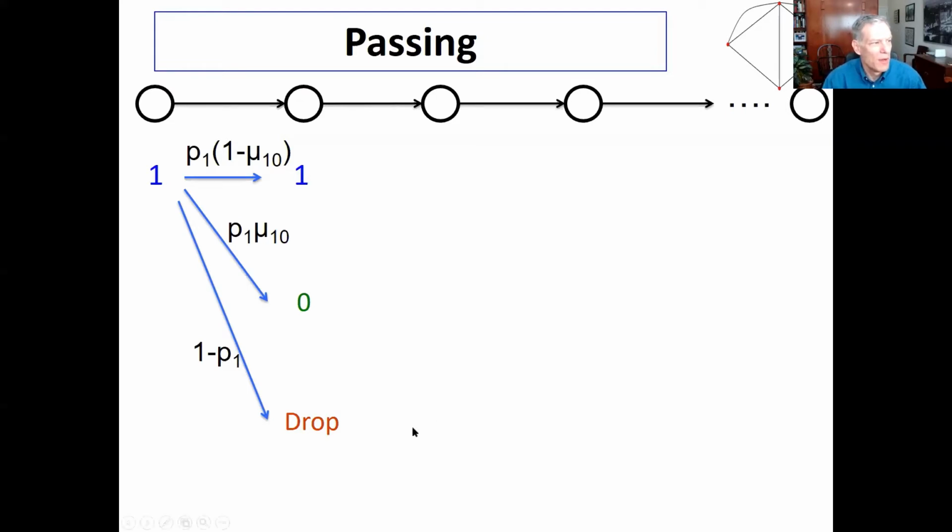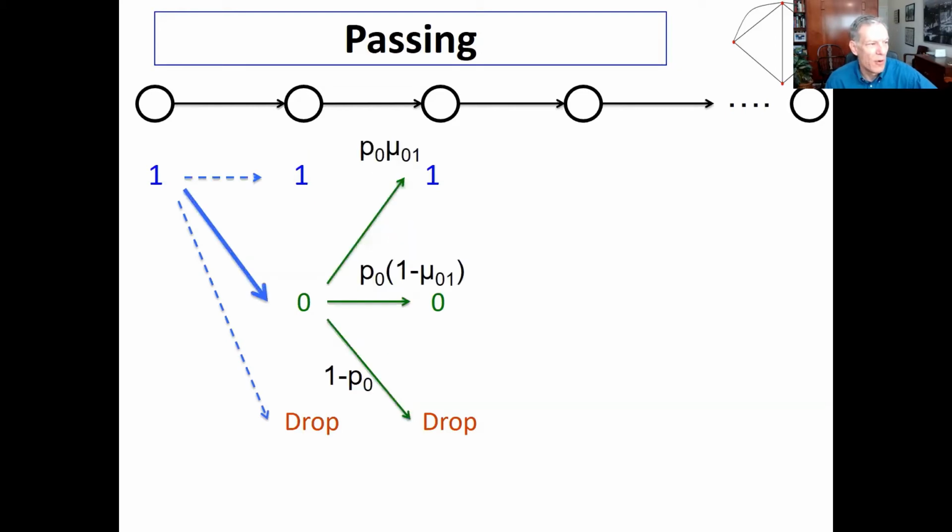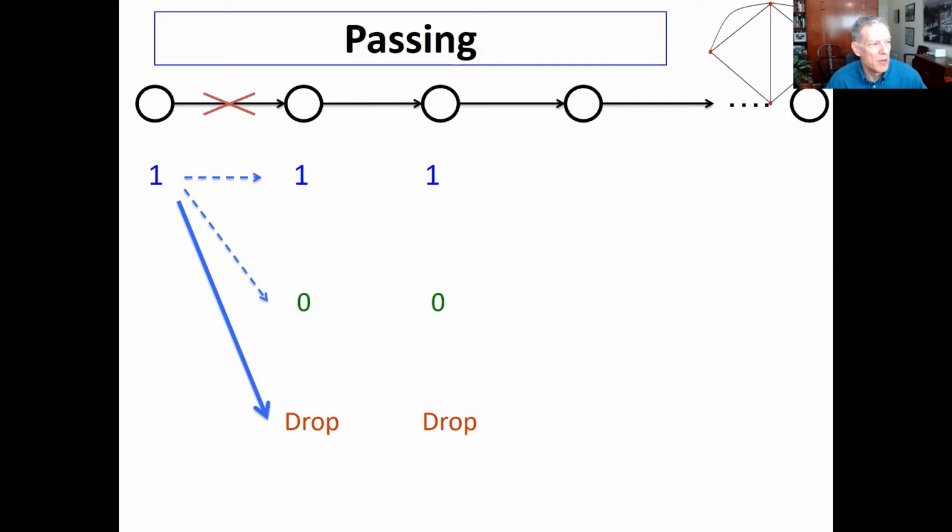It can drop. So then in the next period, it passes along, and this is essentially a simple Markov chain where it's going from possibly a 1 to a 0. If it's a 0, it could go back to a 1. It could stay a 0. It could be dropped. And so these probabilities of mutation and dropping will determine the chance that as we move along this chain, if it's dropped, that's an absorbing state.